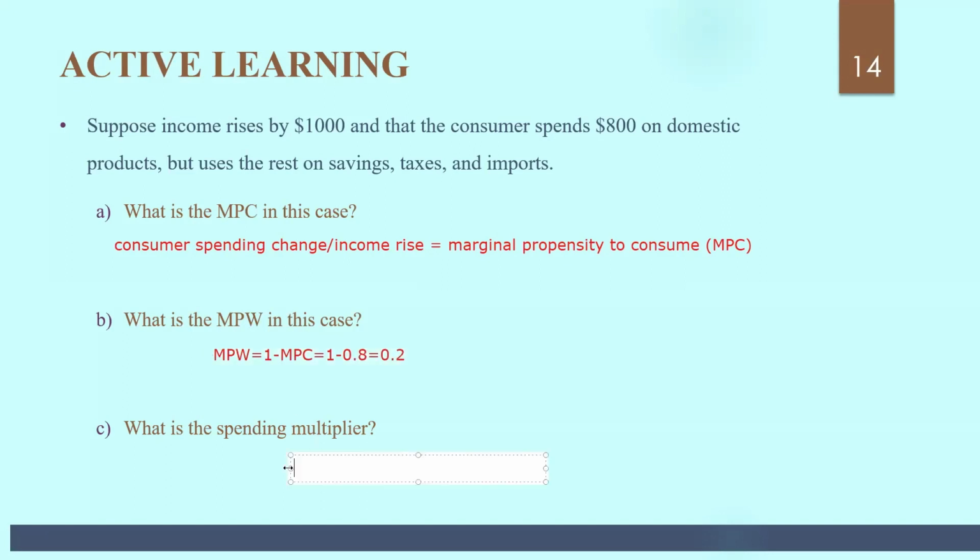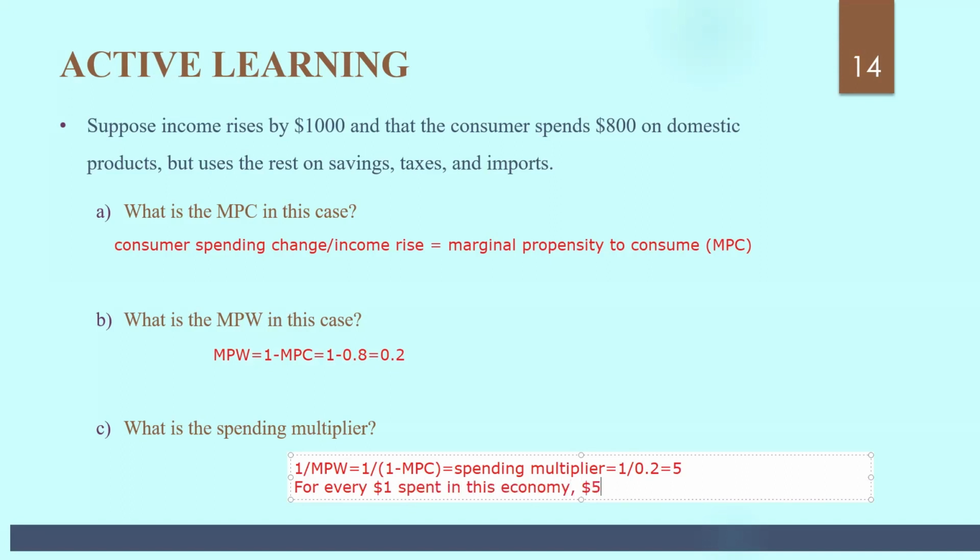And then based on this formula, what's the spending multiplier? 5? Yes, 5. 1 divided by 0.2 is 5. Excellent. So for every dollar spent in this economy, $5 of output is generated.